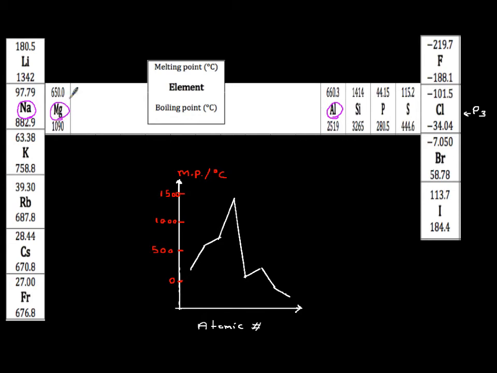Now metallic bond is proportional to a ratio known as charge density: number of valence electrons divided by the atomic radius. The smaller atomic radius and the more valence electrons you have, the stronger the metallic bond.